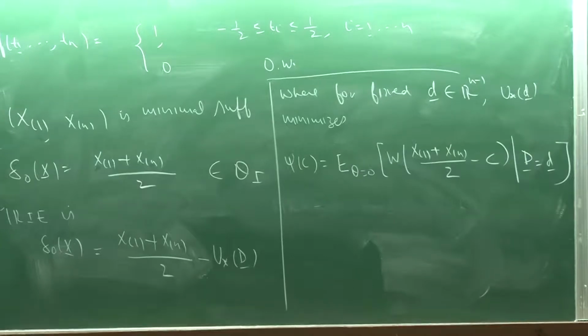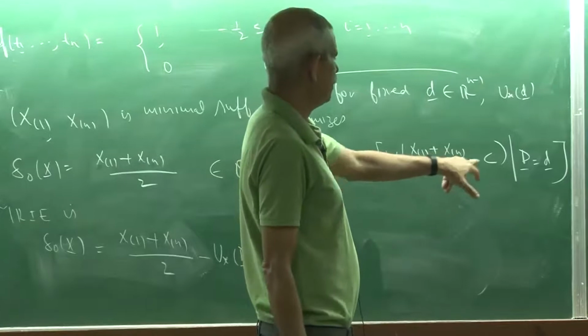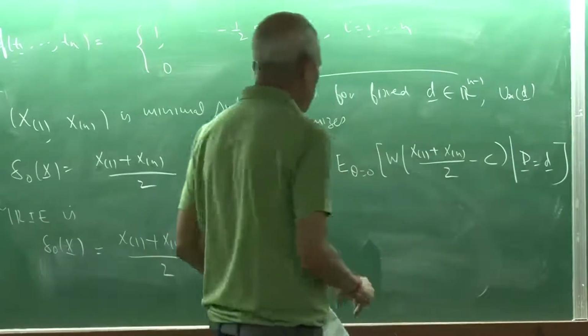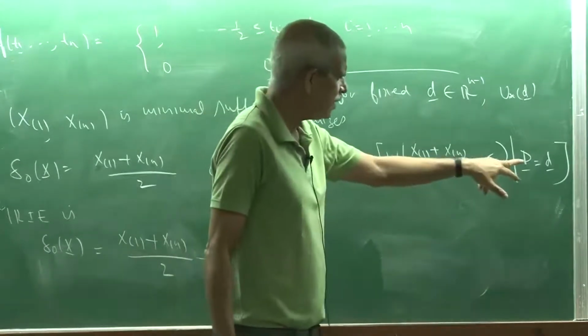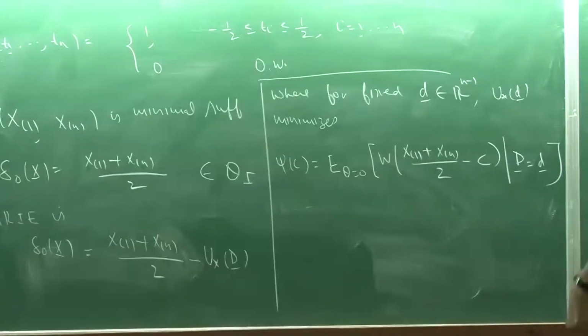So that means you need to find the conditional distribution of (X(1) plus X(n)) by 2 given D is equal to d. So given D is equal to d, I try to write down what is (X(1) plus X(n)) by 2.